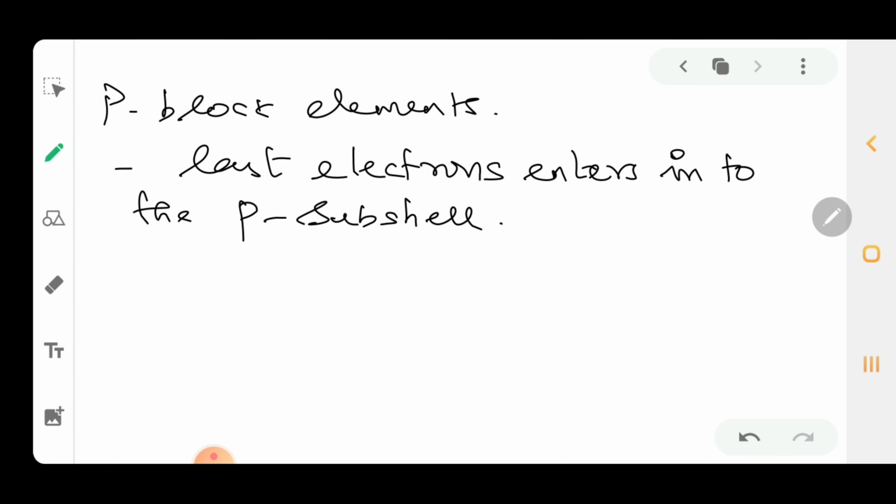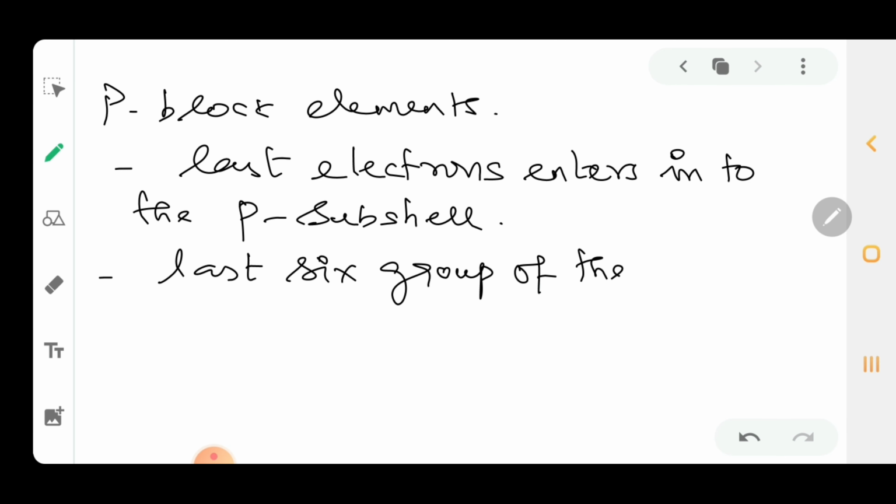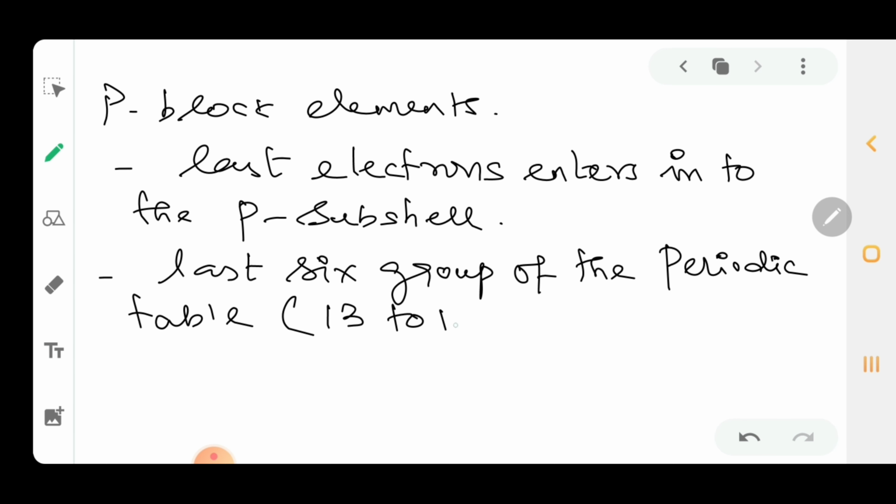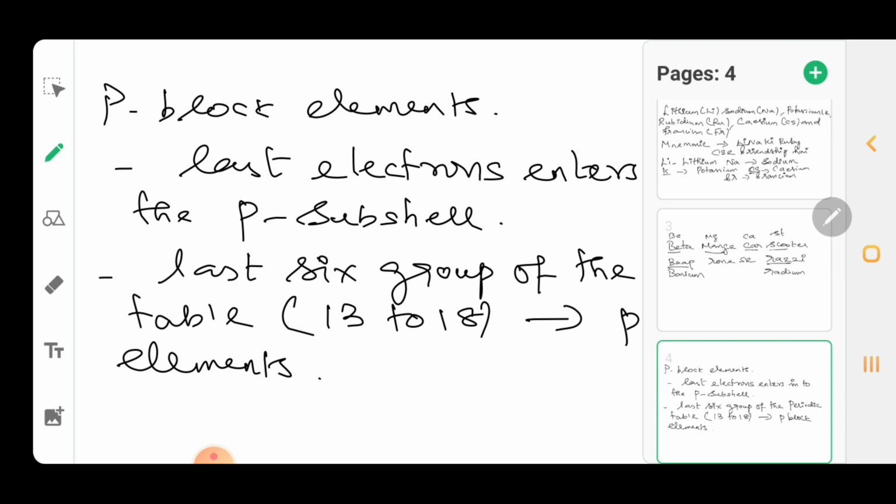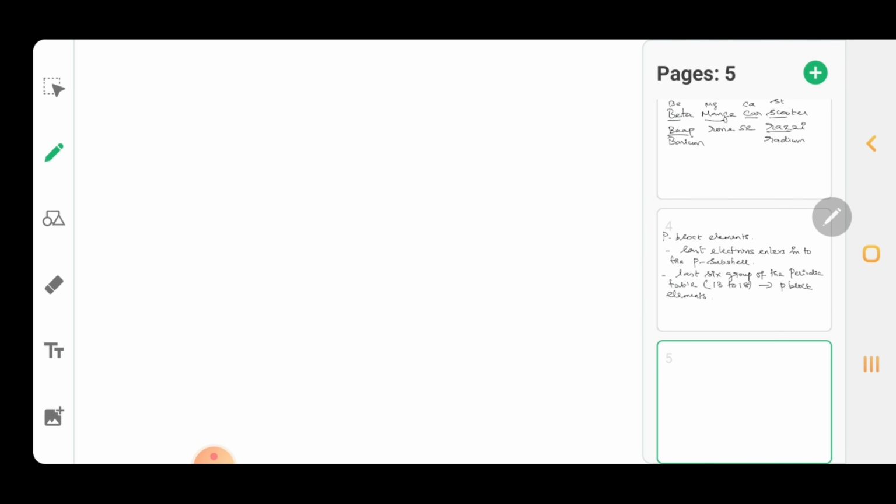If you see the last six groups of the periodic table, that is group number 13 to 18, they are collectively called P block elements. Okay, we will now see one by one.